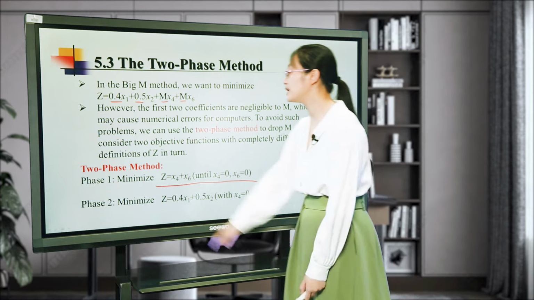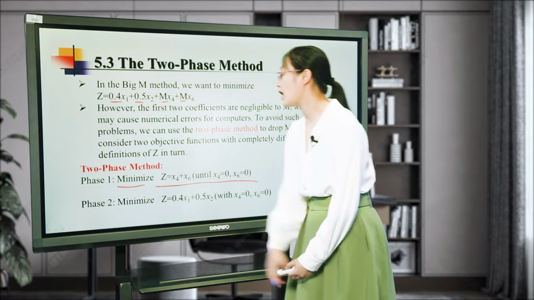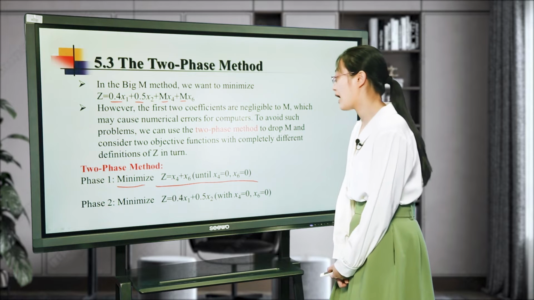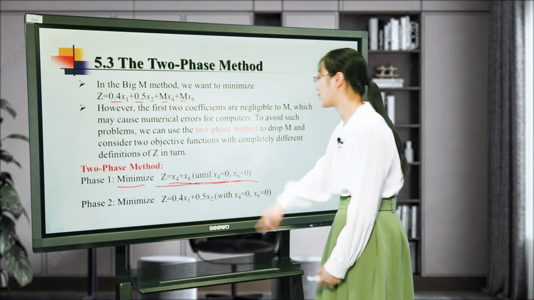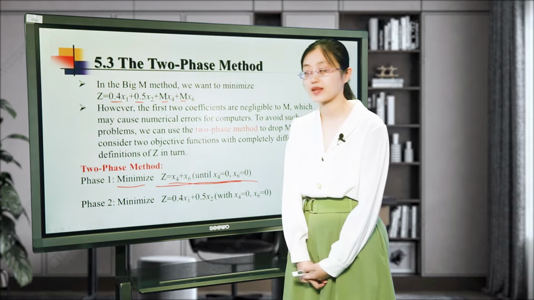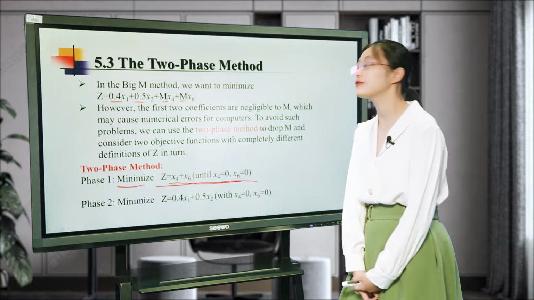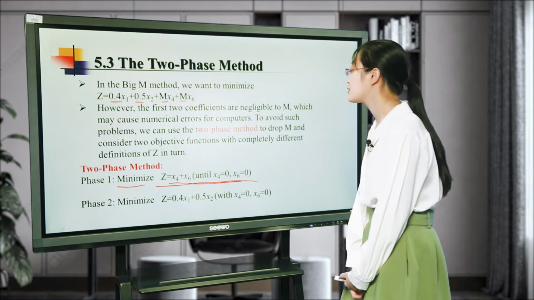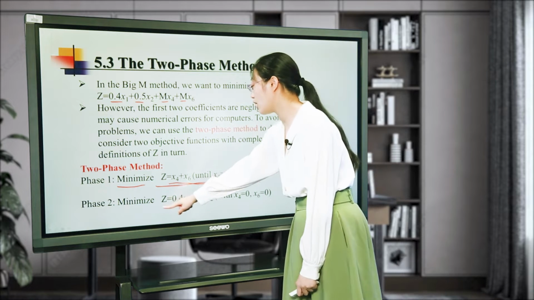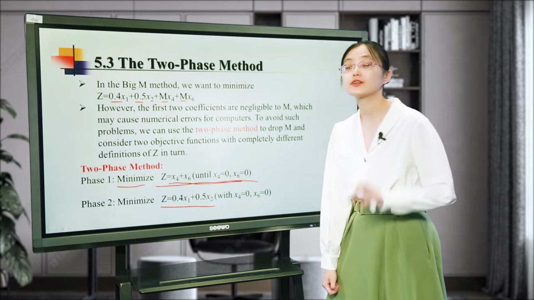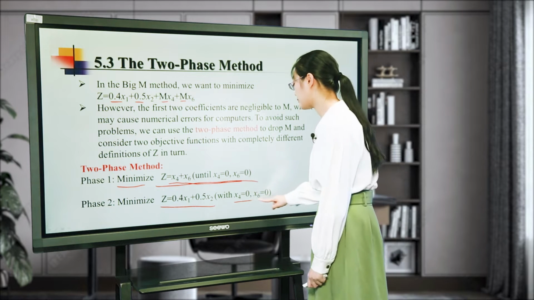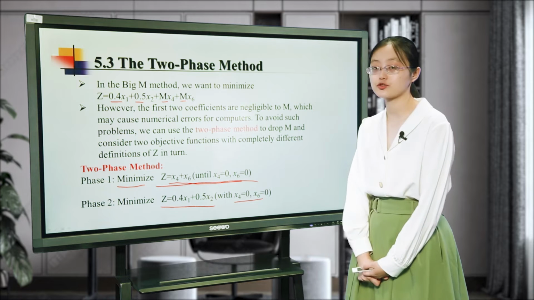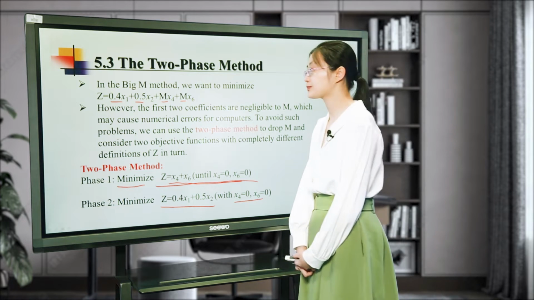And since this is a minimization problem, our objective function has to be with the minimum value when x4 and x6 are 0. And then phase 2 of the two-phase method is to minimize our original objective function under the condition of phase 1, when x4 and x6, our artificial variables, are zeros.